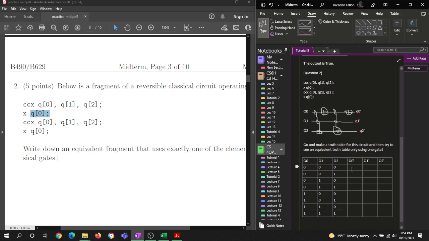A quick thing for doing the truth table, because you might think there are a lot of different possibilities to work through, is to notice on the actual circuit itself that because it's a classical circuit, we don't have any superposition or anything going on like that. The first line, no matter what the input is, the output should always be the same because we're just notting it twice. So Q0 notted twice doesn't make anything. There's no phase kickback.